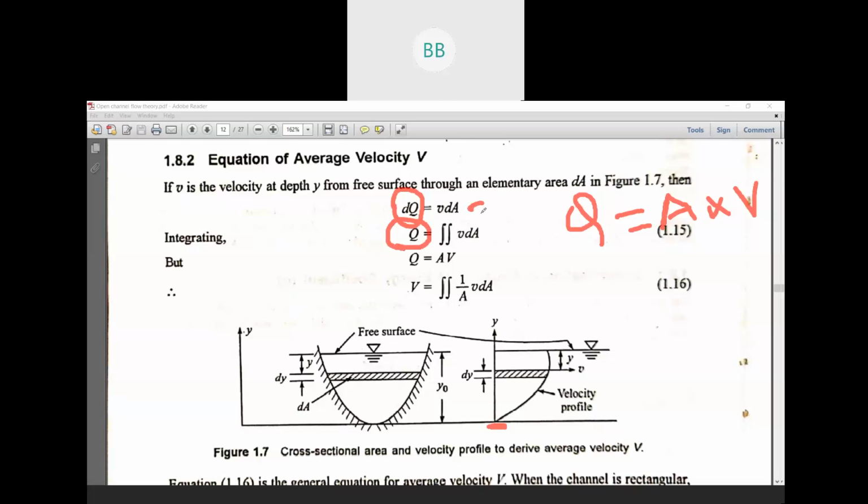In place of integration you can consider summation of v dA, where i goes from 1 to n. The number of divisions n depends on you, but the maximum limit will be y naught. Consider this as equation 1.